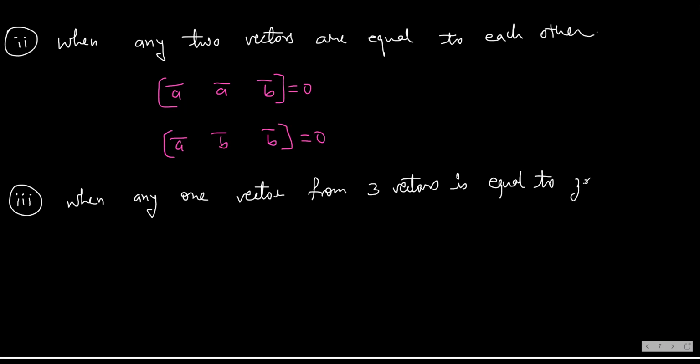If any one vector from three vectors is equal to 0, that is, you have the box product of a bar, b bar, c bar, and suppose out of these three any one is a 0 vector. Suppose you have 0 bar, b bar, and c bar. Suppose a bar is 0 bar. Definitely, students, you know that the box product will be 0.